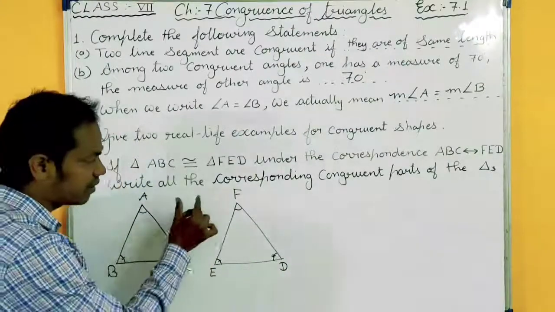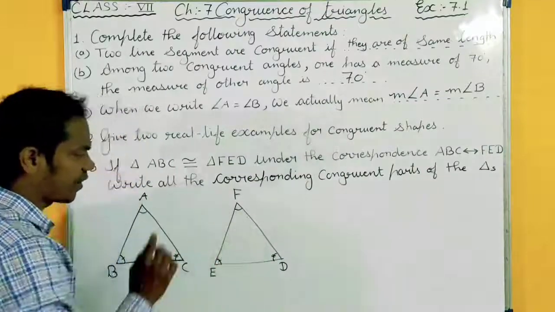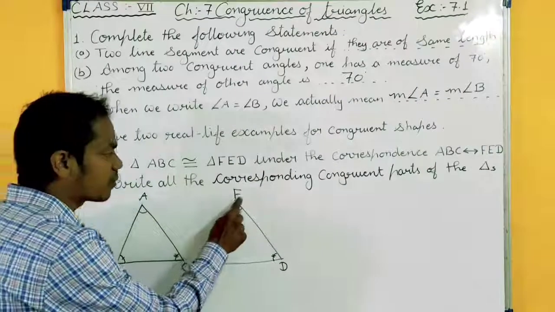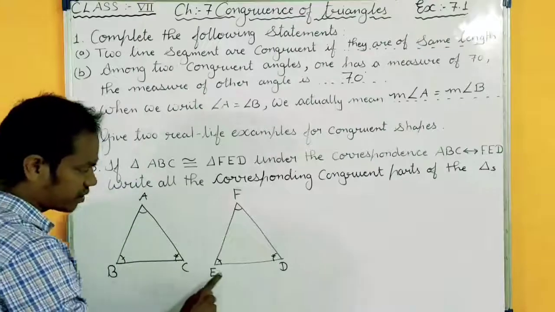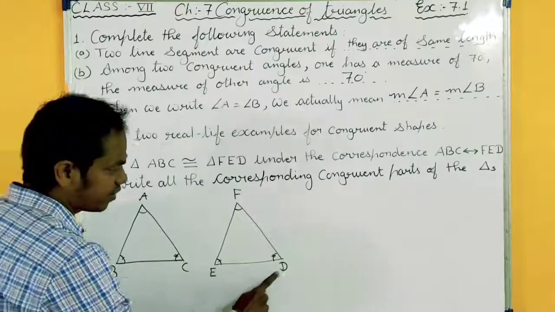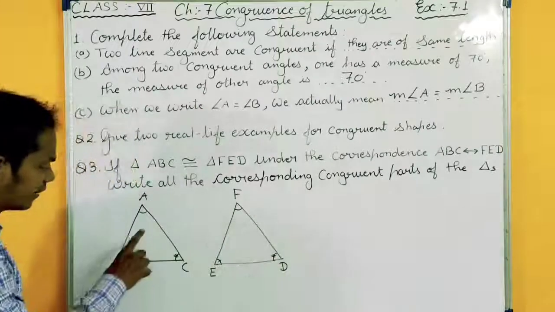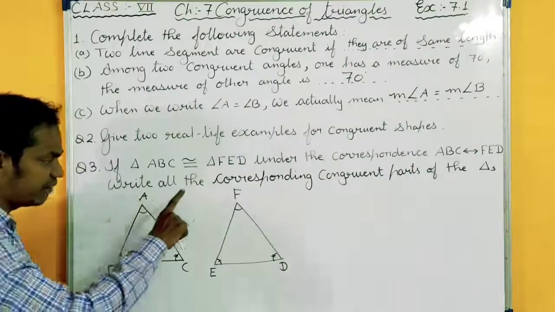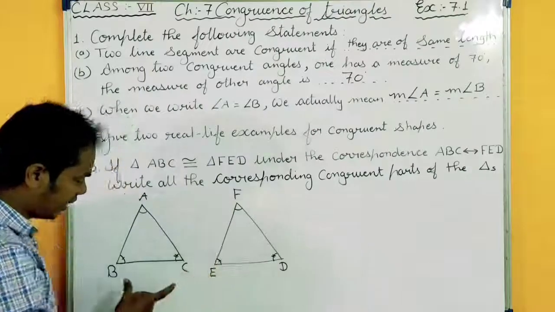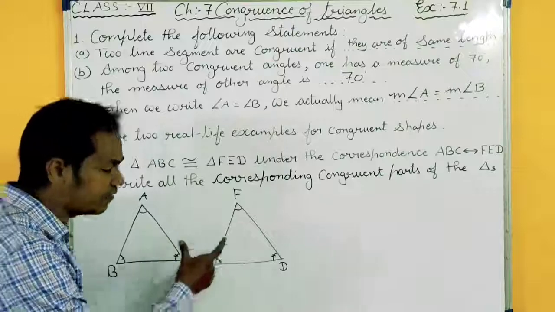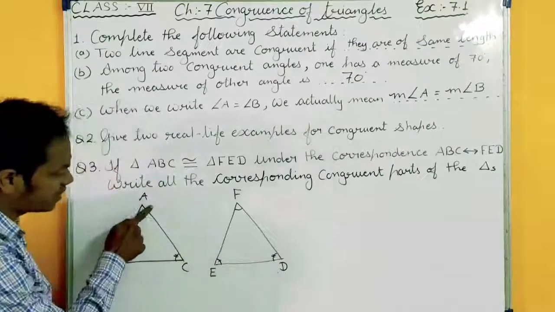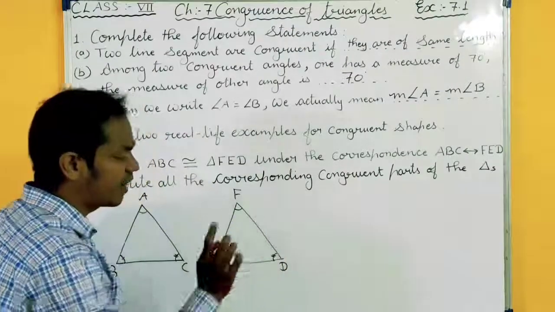Pick up this triangle and put it on this triangle. So A will correspond to F, B will correspond to E, and C will correspond to D. That means line segment AB will come on FE, line segment BC will come on ED, and line segment AC will come on FD.